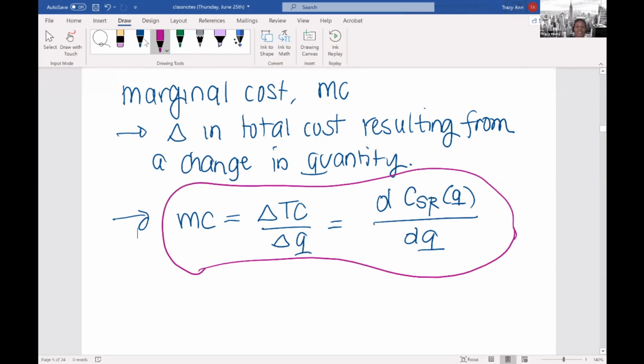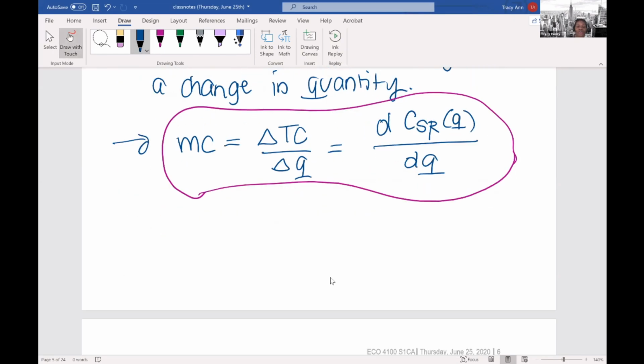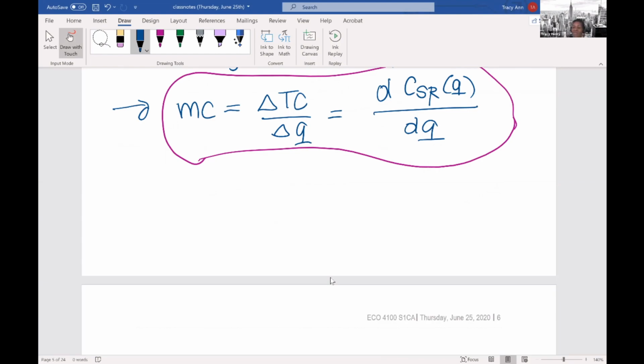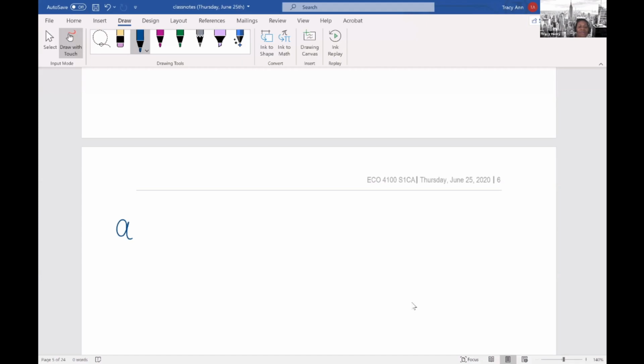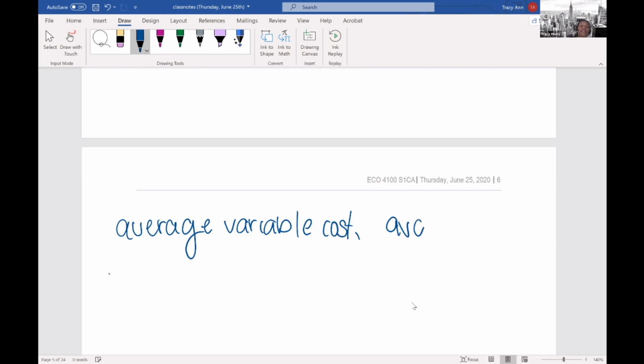Then to really quickly talk about our averages, we have, let me use a new page. To talk about our averages, we have our average variable cost, which is your AVC. And this is your variable cost per unit.